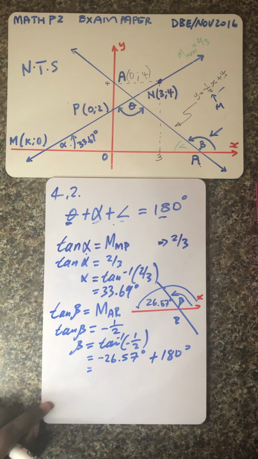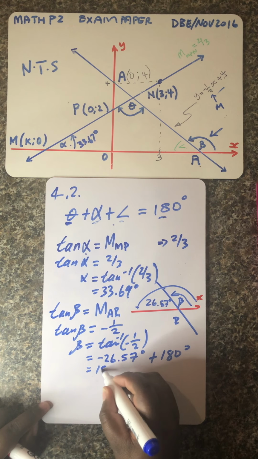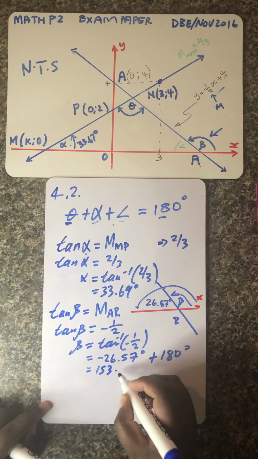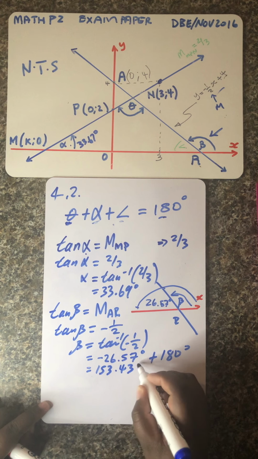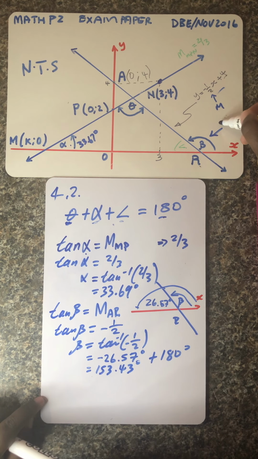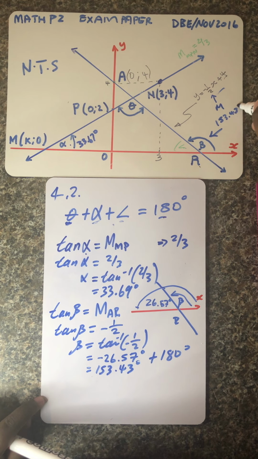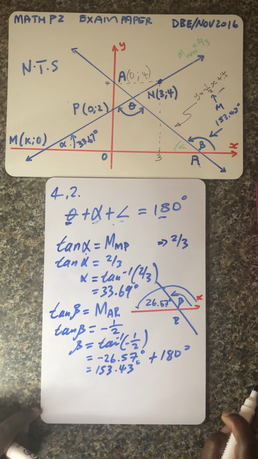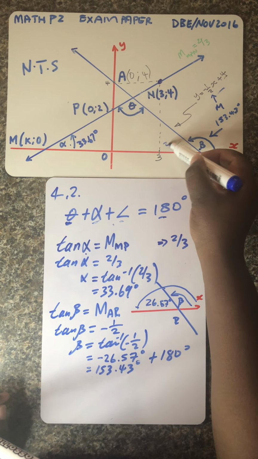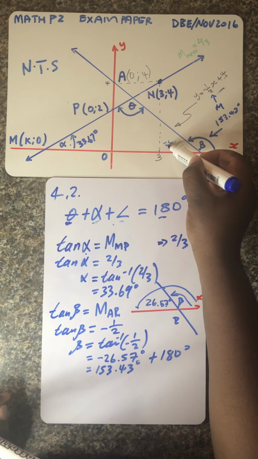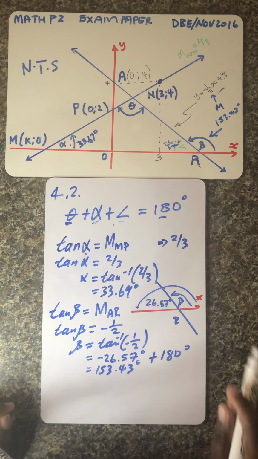Then the answer that you get, let me see, just say plus 180 degrees, it's 153.43. So that means, guys, that angle is the greater or the bigger angle, which is 153.43, and this angle is the one which is 26.57 degrees.